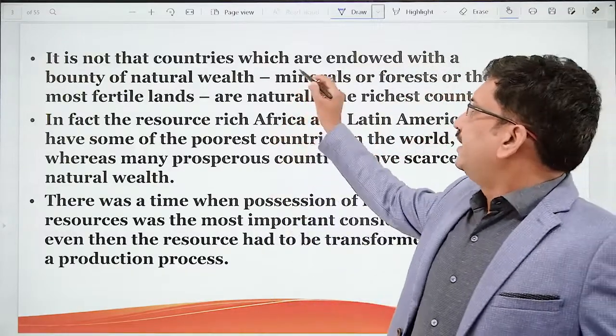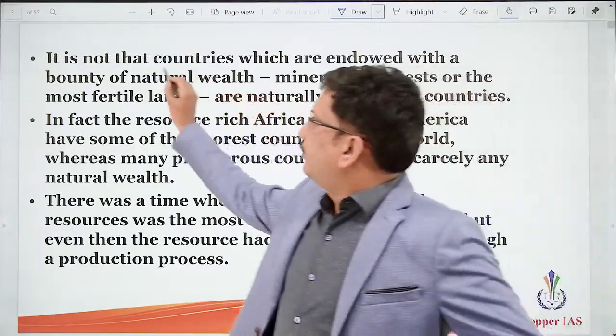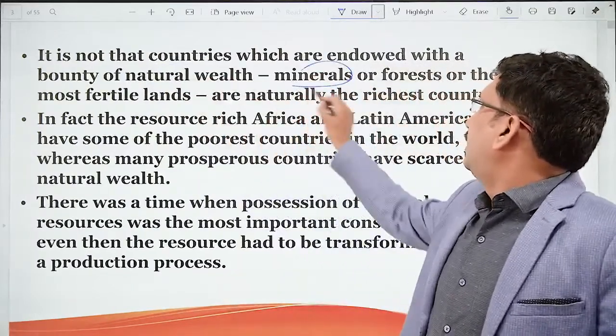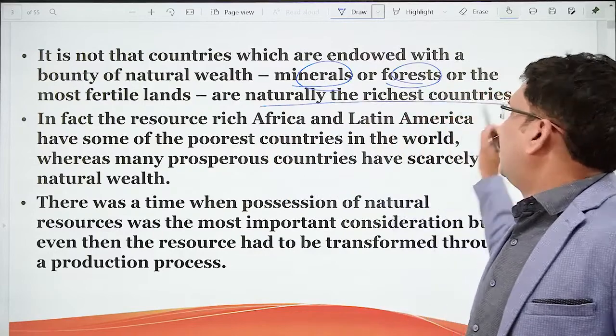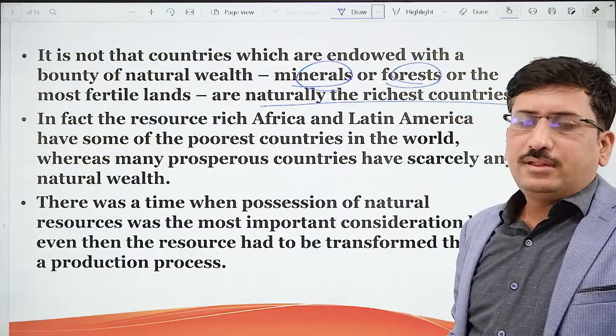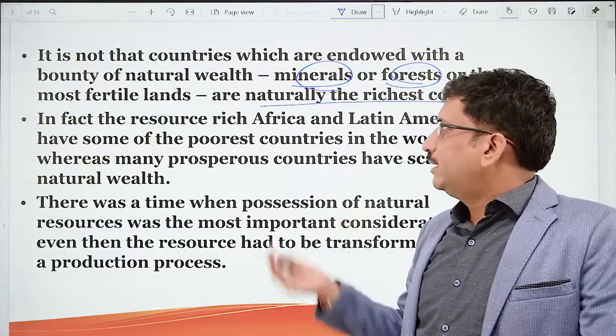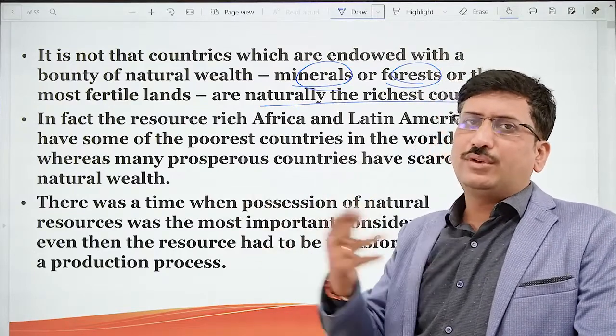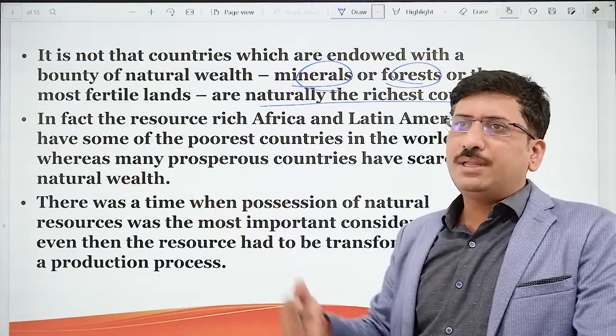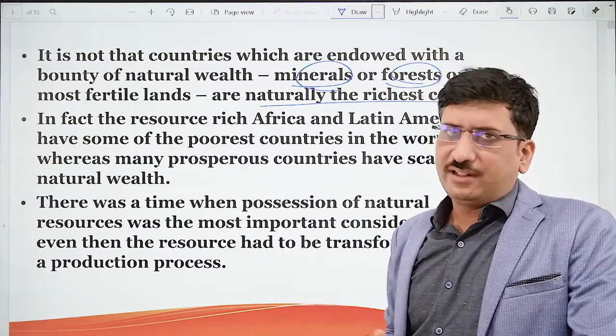It is not that the countries endowed with a bounty of natural wealth, minerals, or forest, or the most fertile lands are naturally the richest countries. Is it so? There are many countries with so many resources that may not be rich countries in the world.